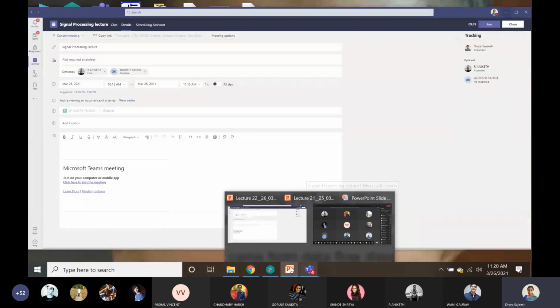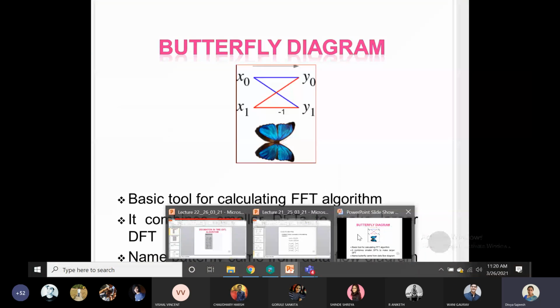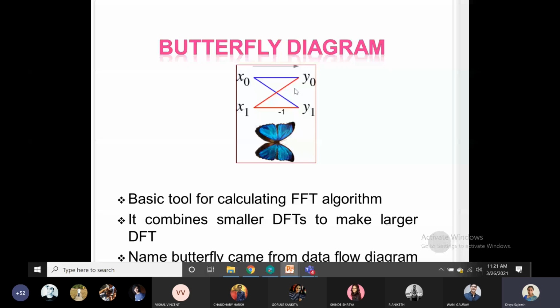Harsh, can you tell what will be y1 in this basic block? How will you obtain the output y1 in terms of x0 and x1? Can you tell the equation? x0 minus x1.